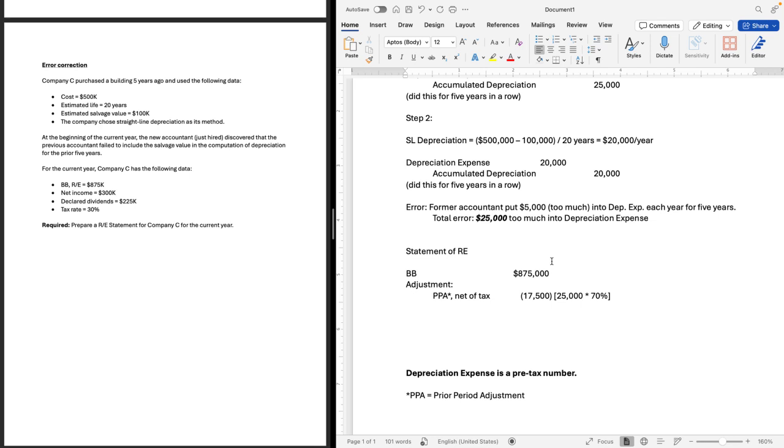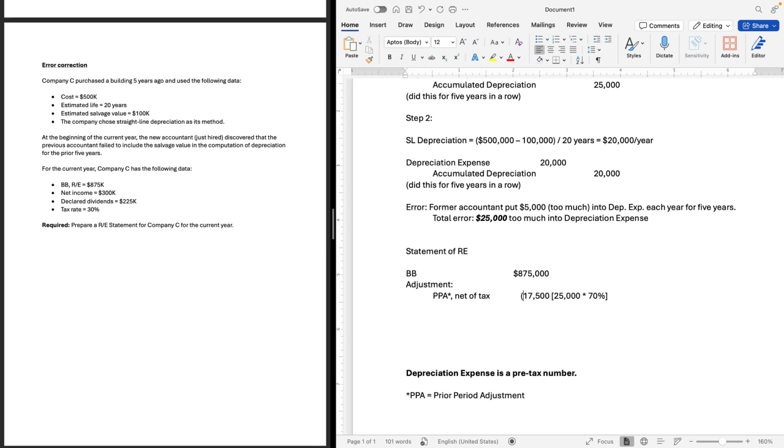So the correction would be to take some depreciation expense out, specifically 25,000 out. But follow this. When you take depreciation expense out, you make it lower. And if expenses become lower, what happens to income? Income goes up.